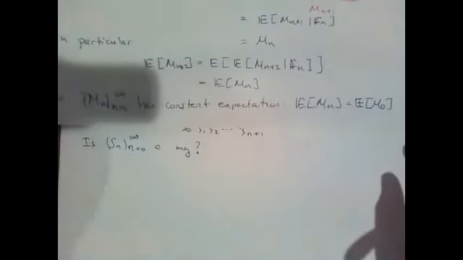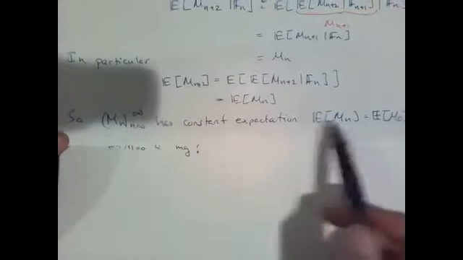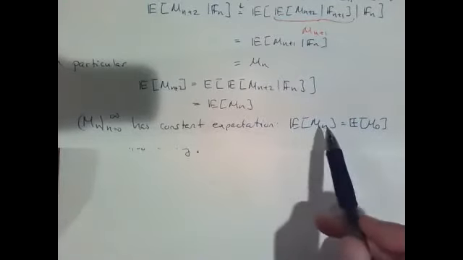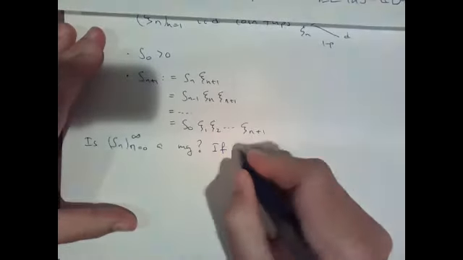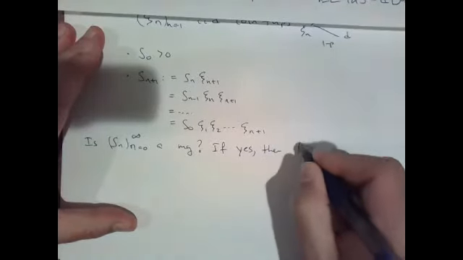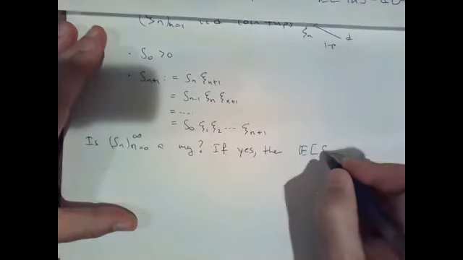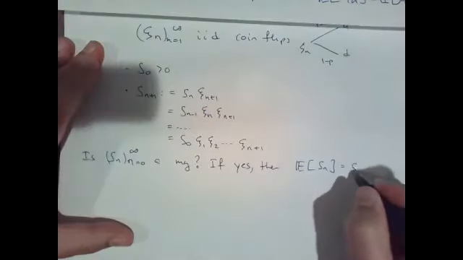But one way to disprove that it's a martingale is to see if it has constant expectation. If yes, then the expectation of Sn should be S0.